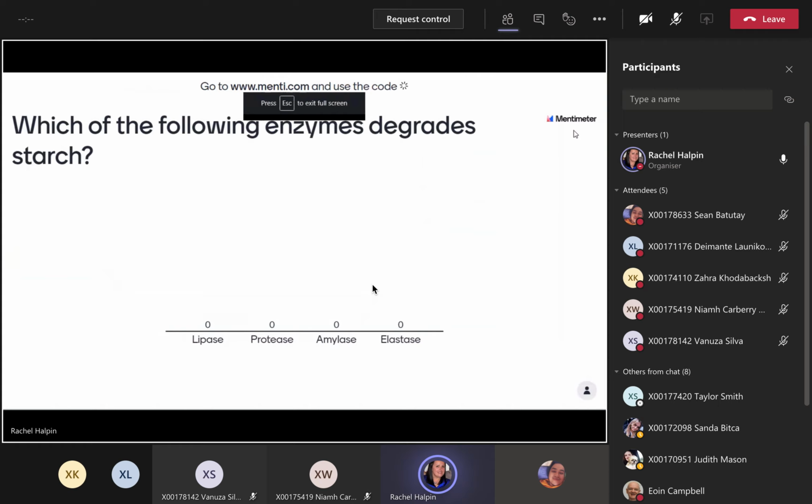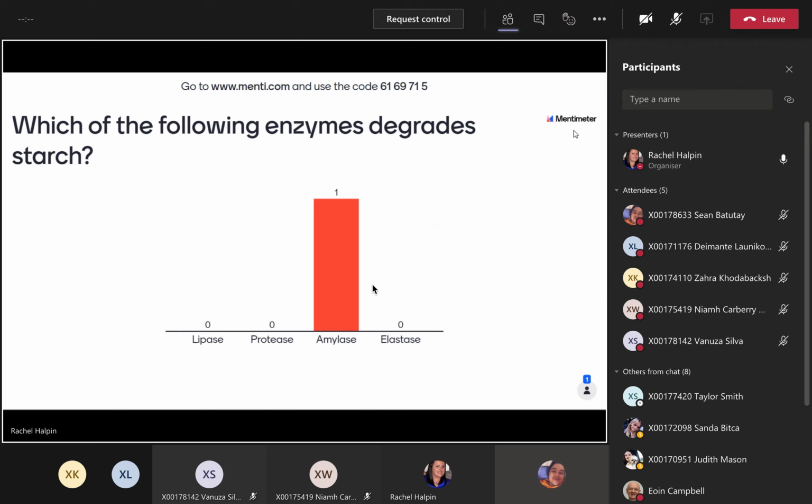Which of the following enzymes degrades starch? Anyone else?